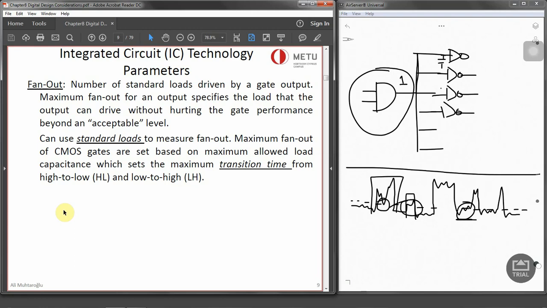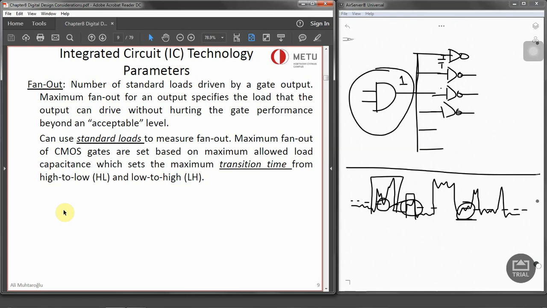Because of the noise, these spikes might turn off your transistor, or turn it on, as they are above or below the threshold voltage. So noise is really important, and we need to be careful when we design digital circuits.